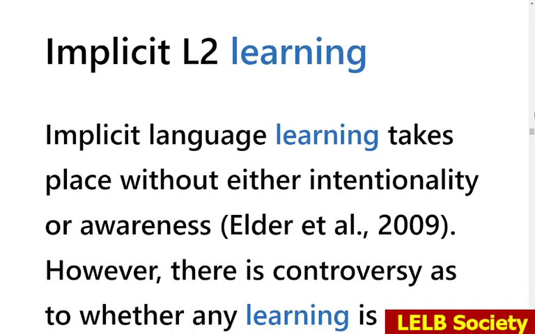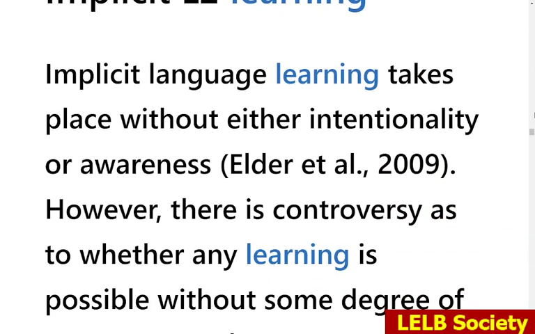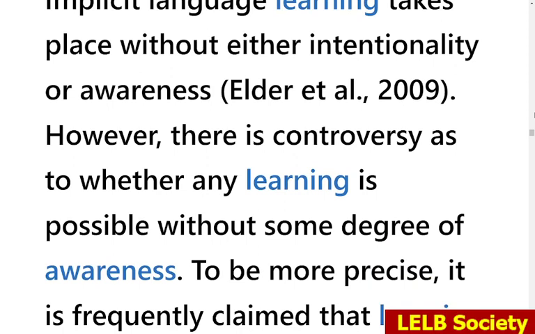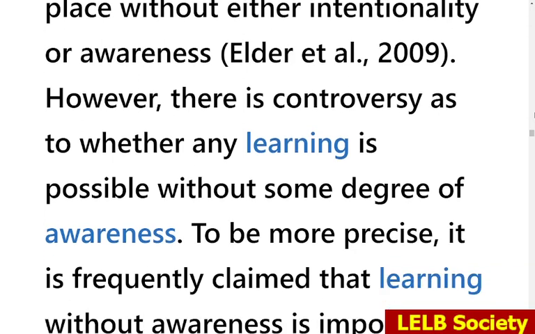Implicit L2 learning. Implicit language learning takes place without either intentionality or awareness. Ellis and others, 2009. However, there is controversy as to whether any learning is possible without some degree of awareness.